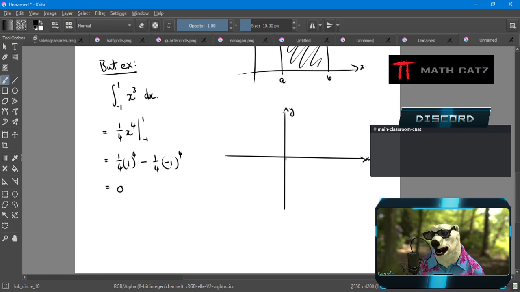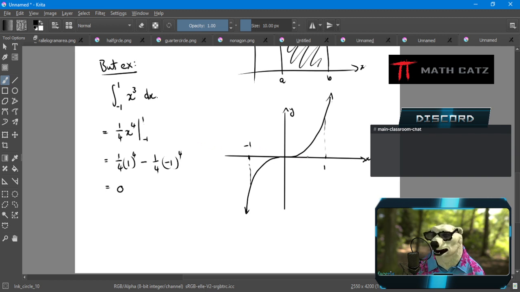Well, the problem is that this graph has, on this interval, a portion above and below the x-axis. And what this definite integral is actually doing is a little bit more fancy.